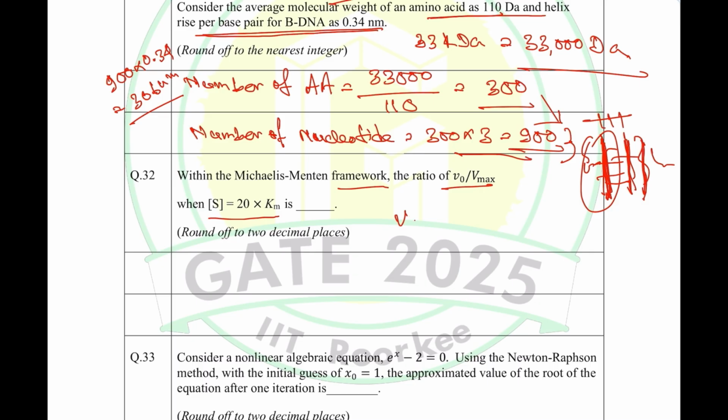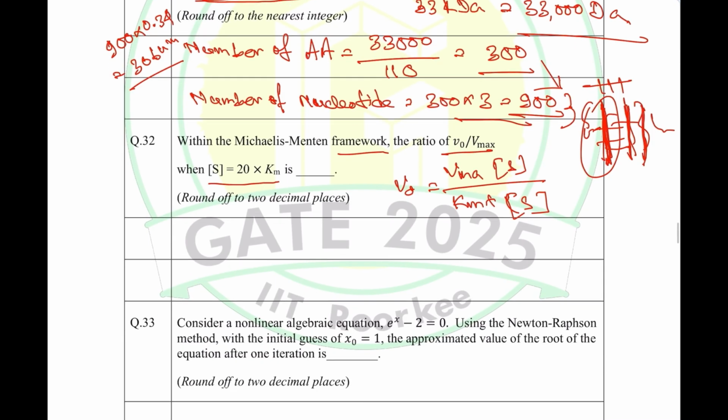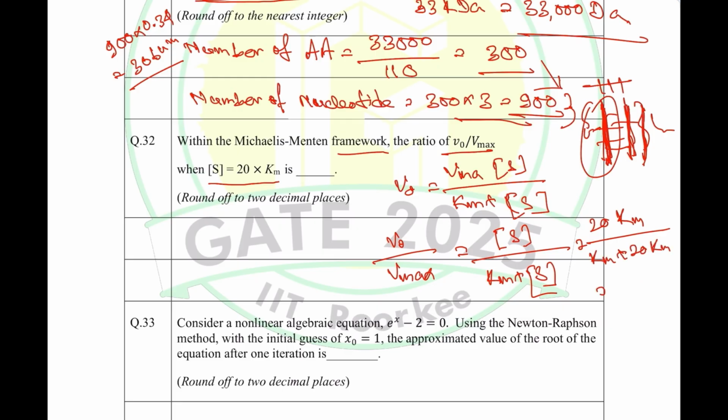So first we will write the formula: V0 equals Vmax into S by Km plus S. Here we have been asked for V0 by Vmax, so we will simply write V0 by Vmax equal to S by Km plus S. Here S is equal to 20 into Km, so 20 Km by Km plus 20 Km. So 20 Km by 21 Km.